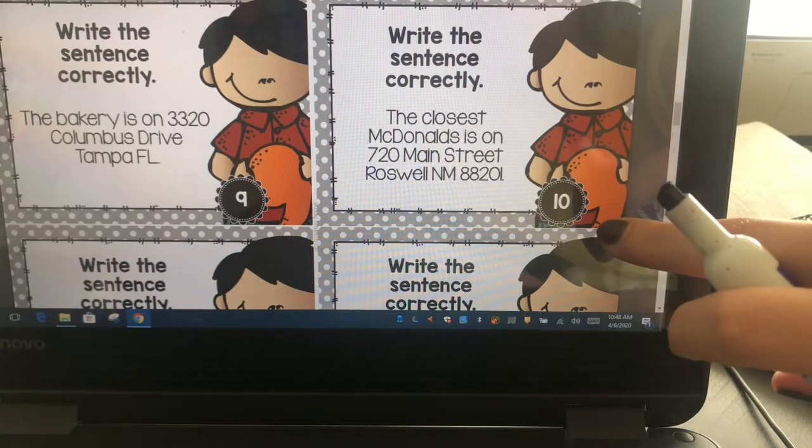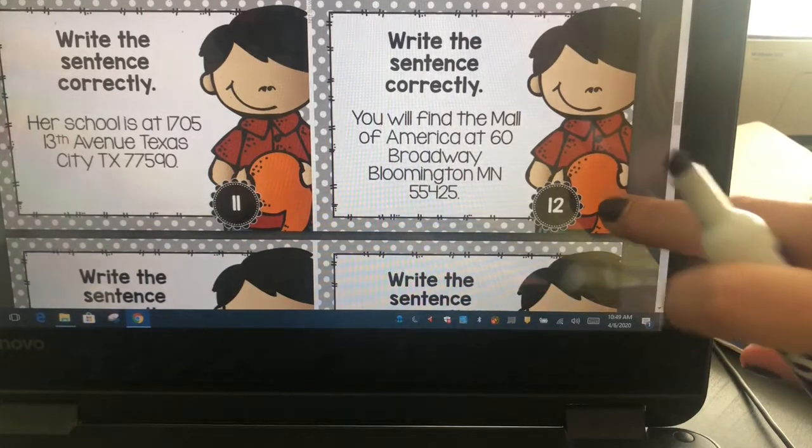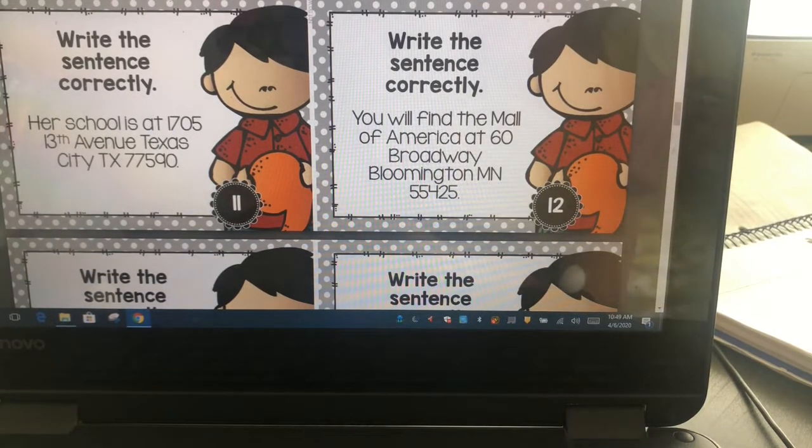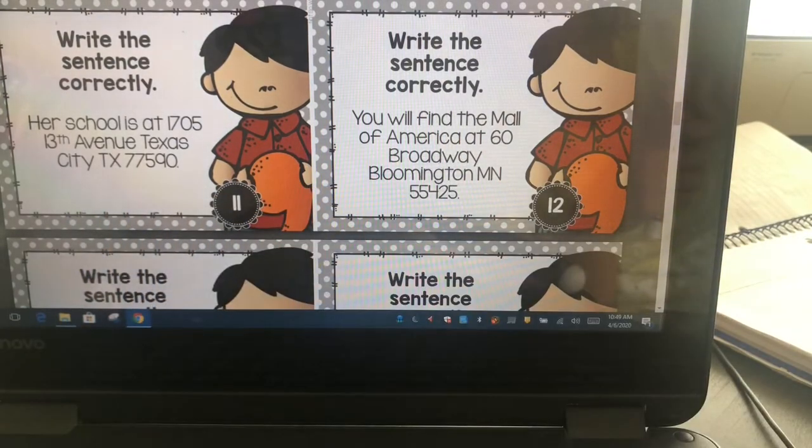We're going to move on to number 11 and 12. So there's 11 and 12. Her school is at 1705 13th Avenue, Texas City, Texas, TX, 77590. So where would we put commas in this sentence?